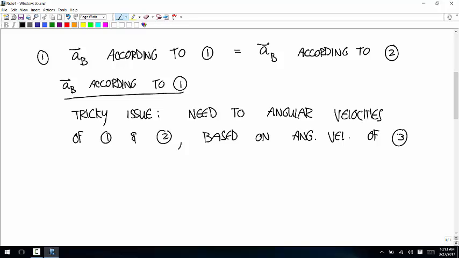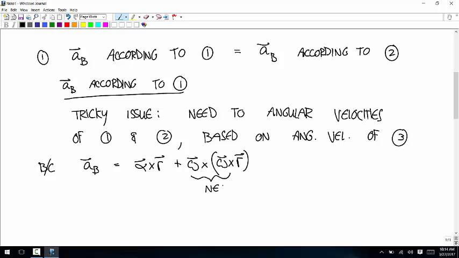Why do we need the angular velocities? Because the acceleration of B is equal to the watermelon equation. And so these things are needed.